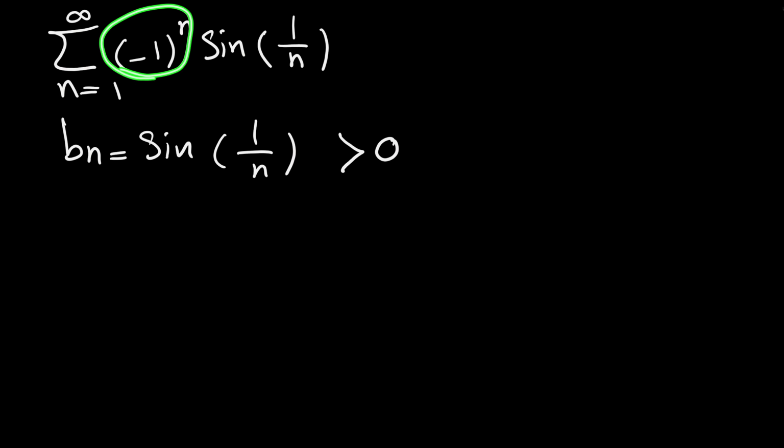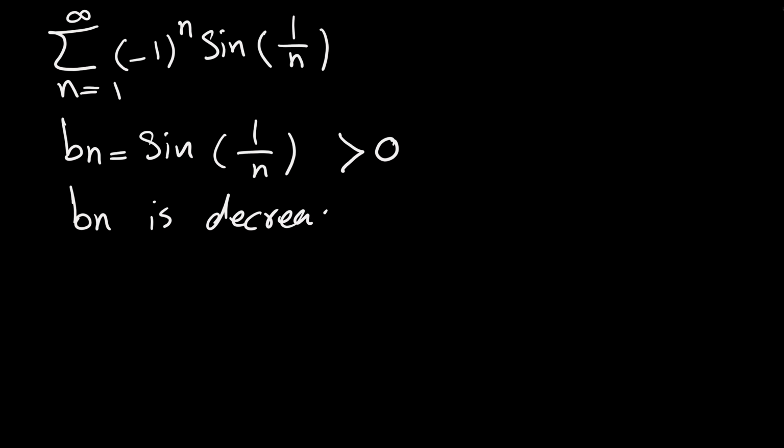Also, you see the (-1)^n alternates the sign and makes the series an alternating series, and b_n is decreasing on this interval.